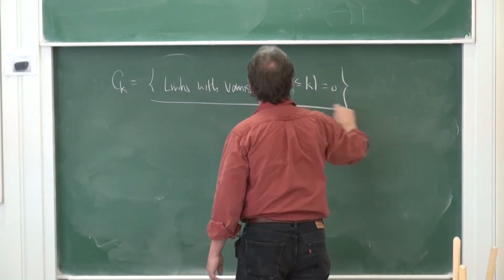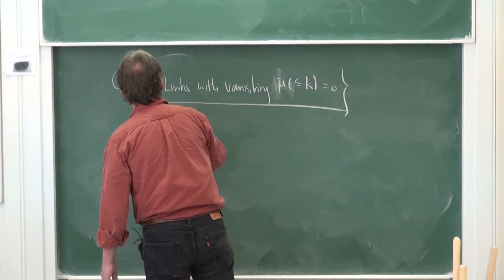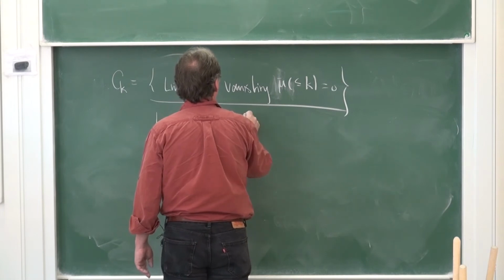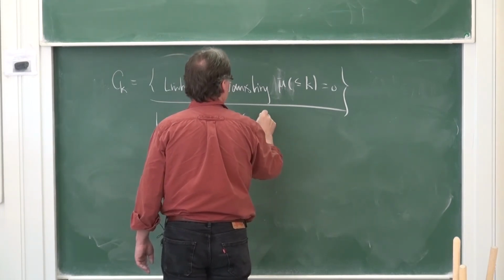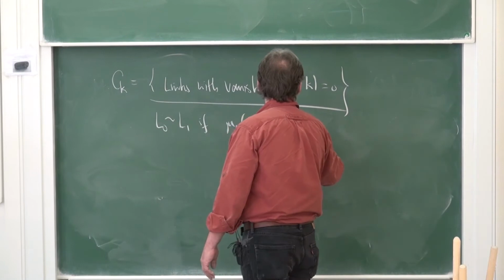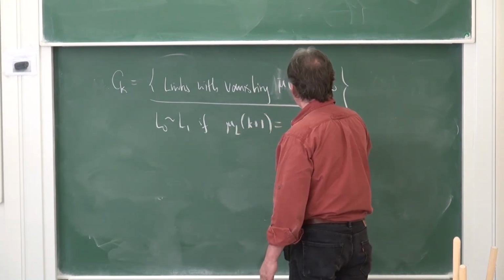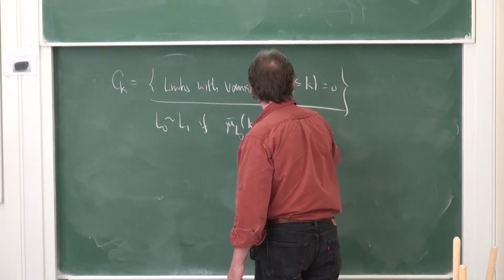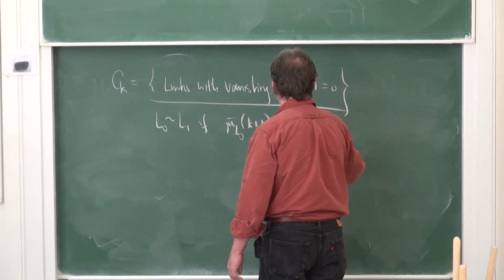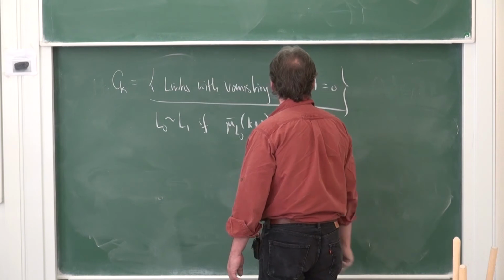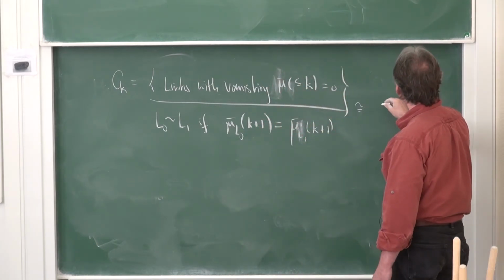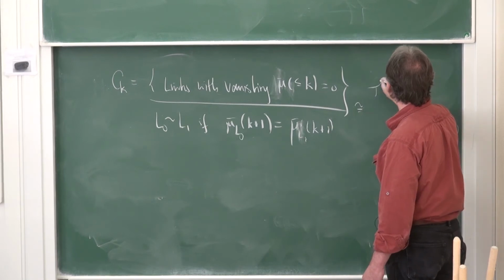And then we'll define L0 is equivalent to L1 if mu bar of L0 of length k plus 1 equals mu bar of L1 of length k plus 1. Right? And it turns out it's not too hard to show that this is an abelian group.